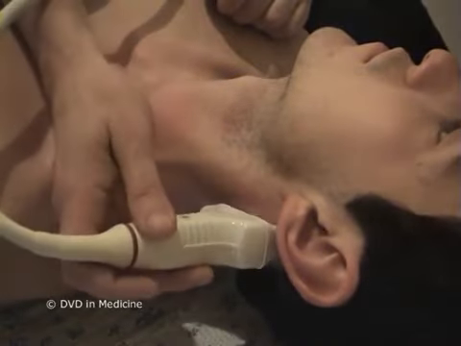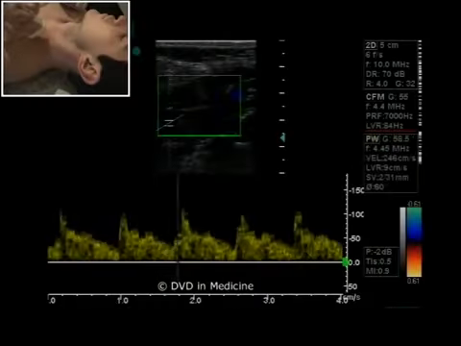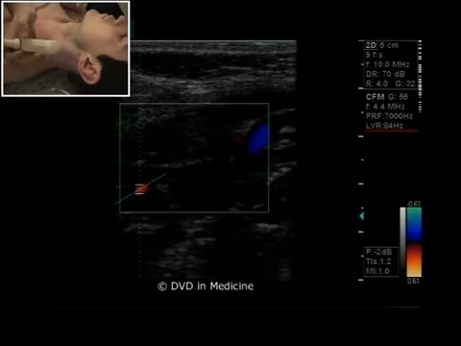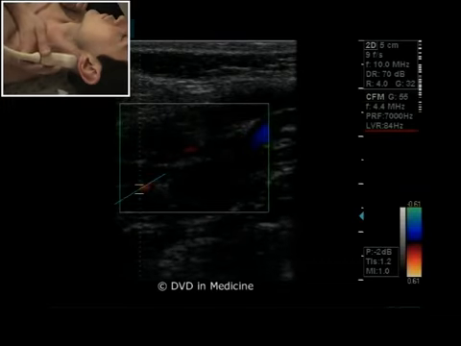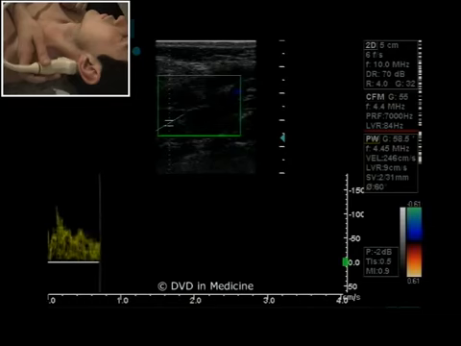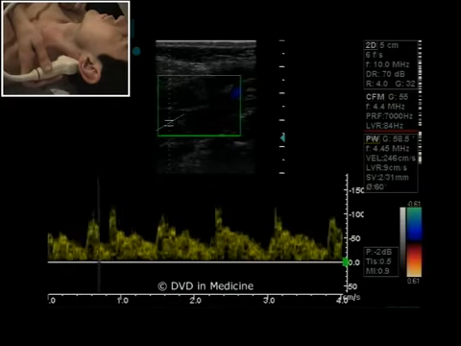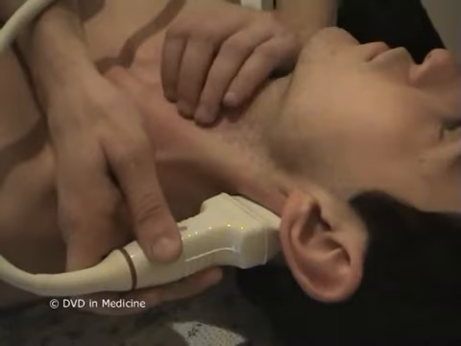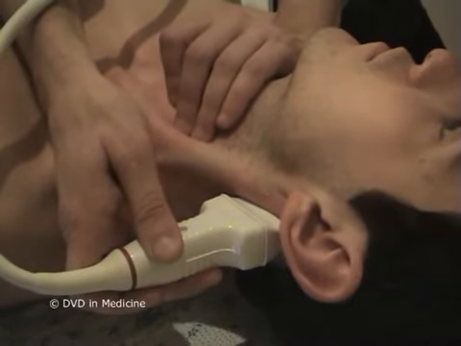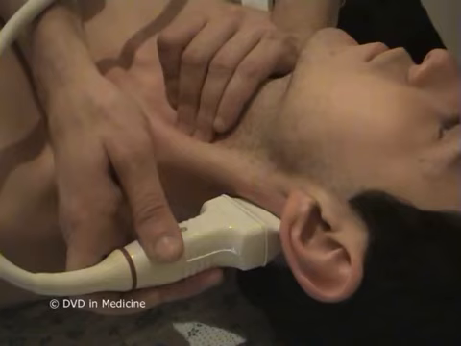It is important to note that in this area, the vertebral artery makes a physiological deviation, which in the posterior approach could be erroneously interpreted as a pathologic deviation of the internal carotid artery. In this case, it helps to compress the common carotid artery with a free hand.